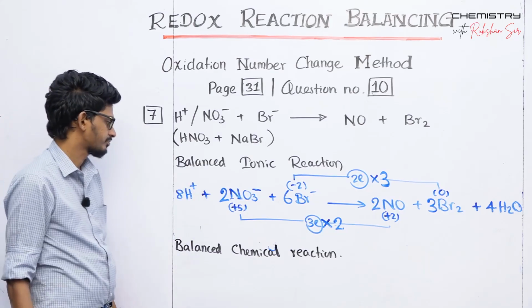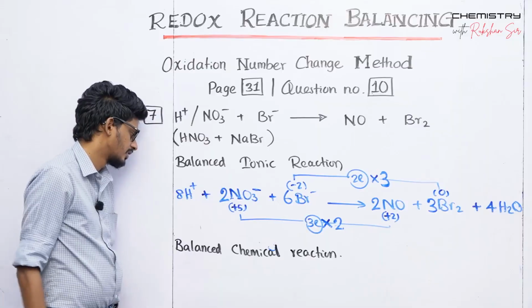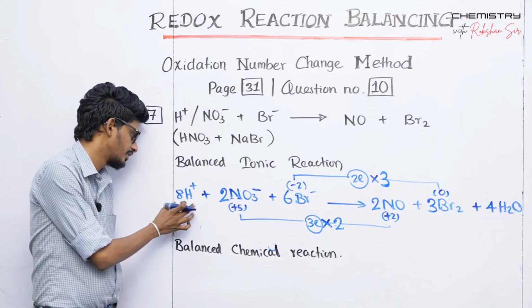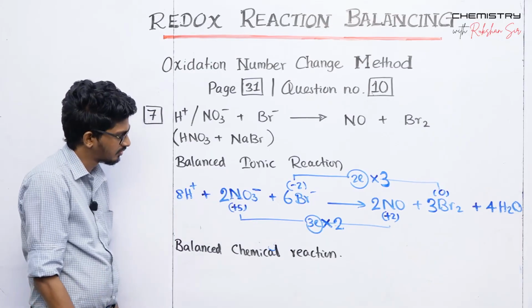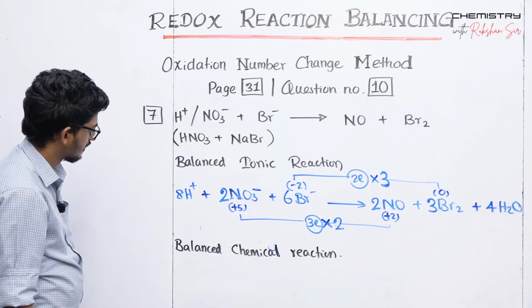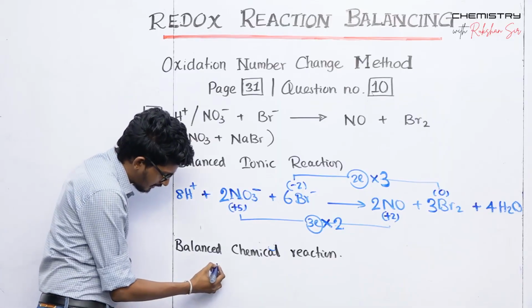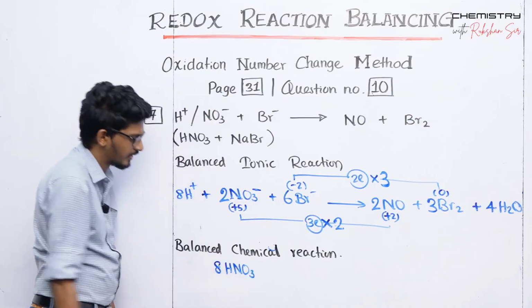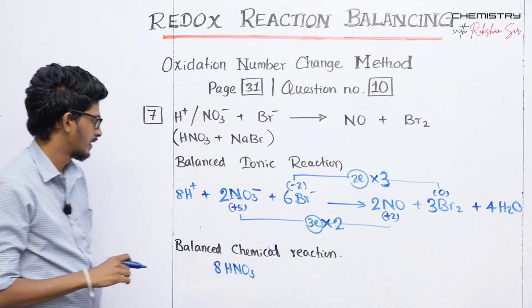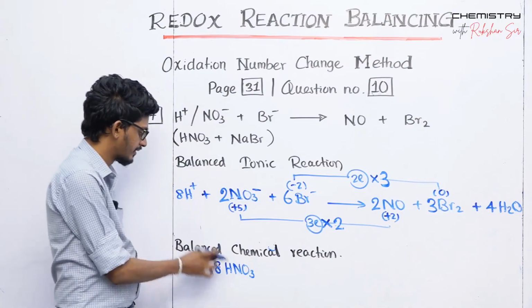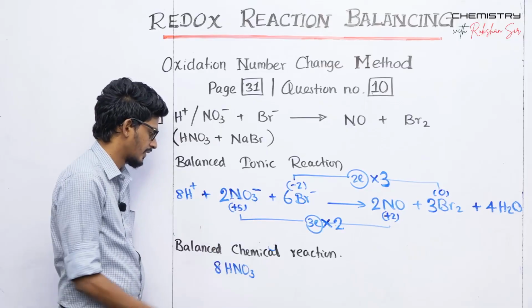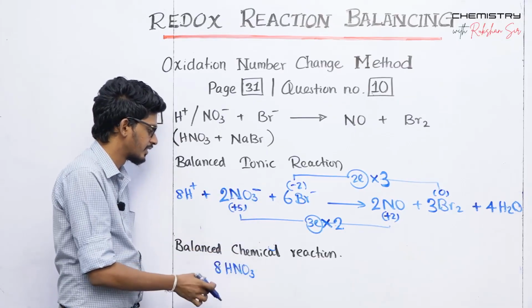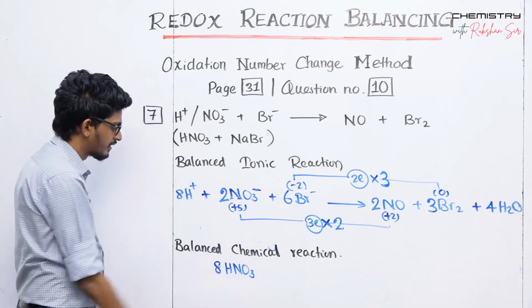So let's combine the two guys. So this is 8 H pluses, this is 2 nitrates, so we can write it as 8 HNO3s. That will provide the 8 H pluses as well as 2 nitrates. After providing 2 nitrates, another 6 nitrates are remaining.